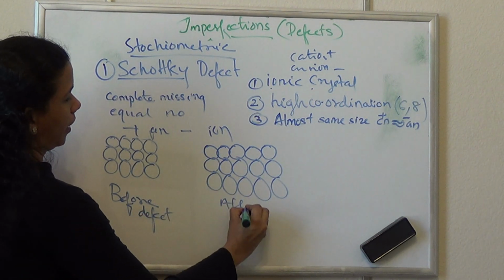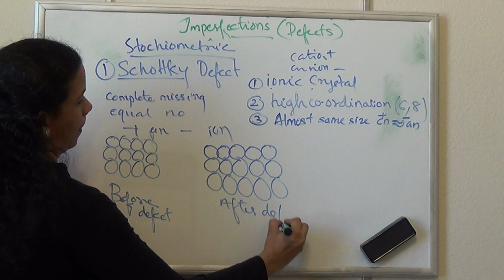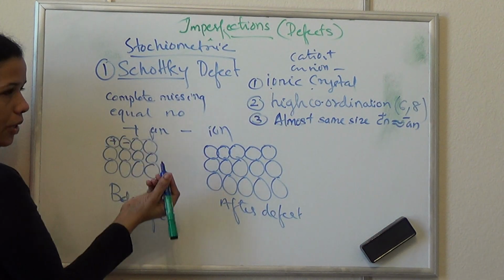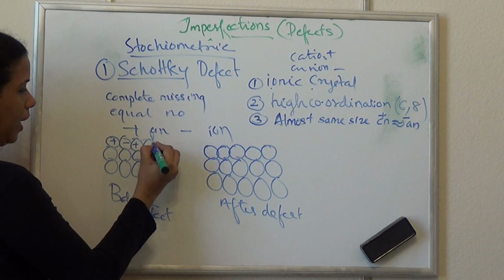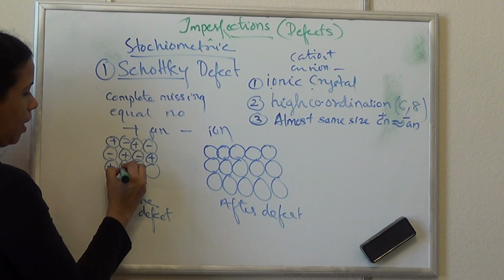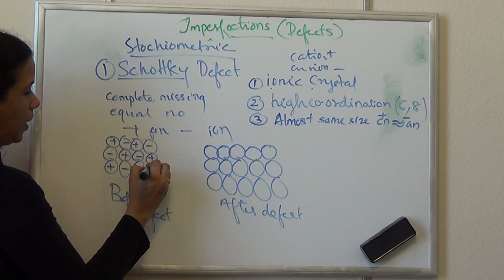This is after the defect. There is a perfectly ordered arrangement before the defect: positive, negative, negative, positive, negative, positive, like that.